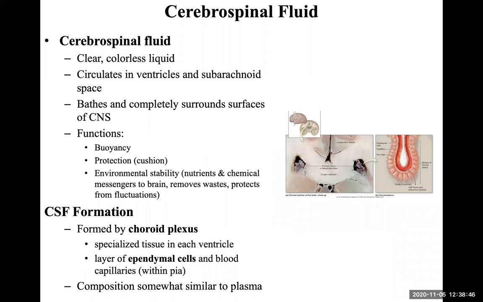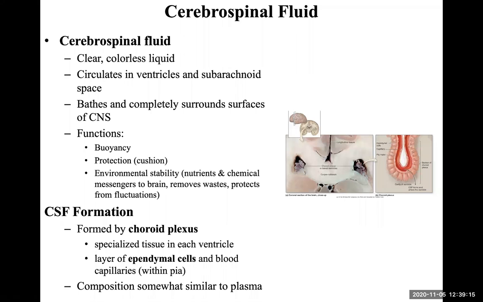Okay, so some characteristics of cerebral spinal fluid. It's a clear, colorless liquid that, as far as composition is concerned, shows a lot of similarities with blood plasma. It circulates throughout the ventricles and, again, throughout the brain in the subarachnoid space. Functionally speaking, what the cerebrospinal fluid does, very importantly, is it allows the brain to float in the cranial cavity.